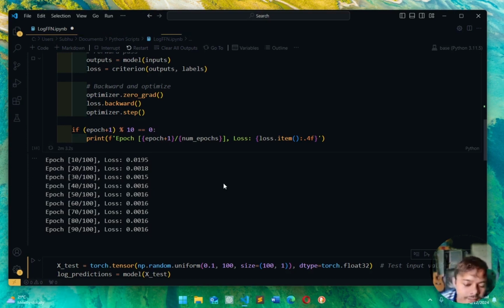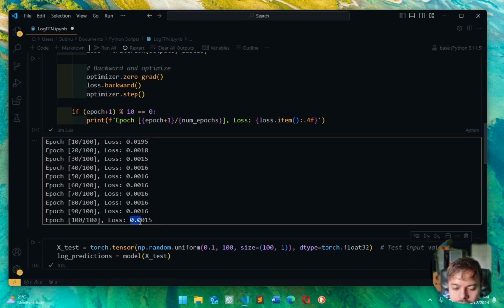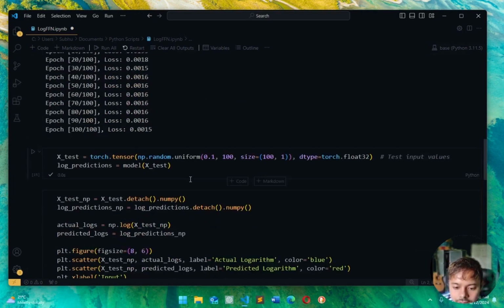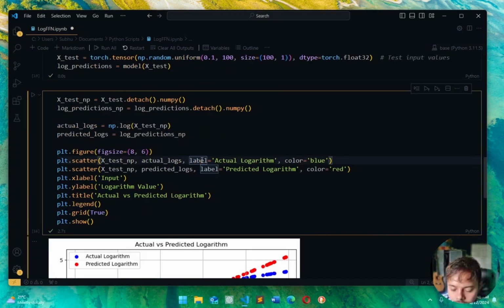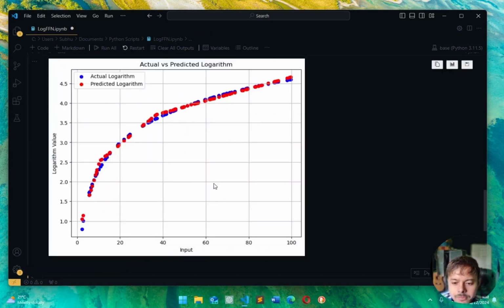We can clearly see that our training loss has significantly decreased. Previously it was 0.1 something, now it has decreased to 0.0015 using 10 units. Now let's see how our model performed. Bang!